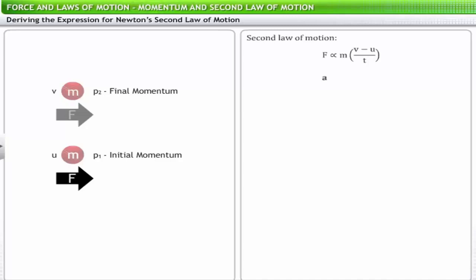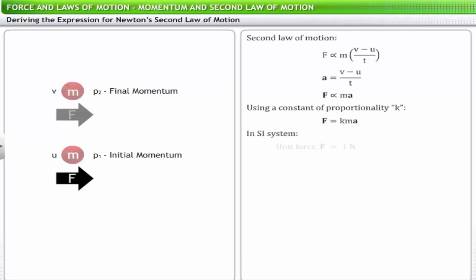The acceleration a of the ball is the ratio of change of velocity (v minus u) to time t. Hence, we can write this relationship as F is proportional to ma. We use a constant of proportionality, k, to equate this relationship. Therefore, F is equal to kma.